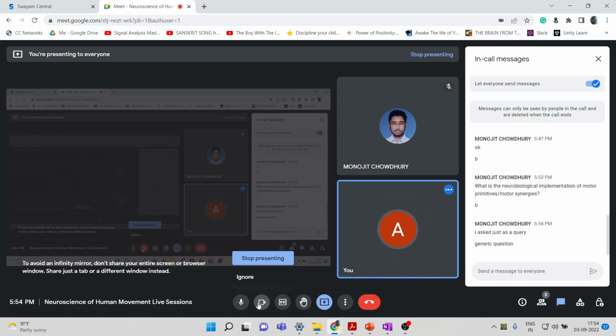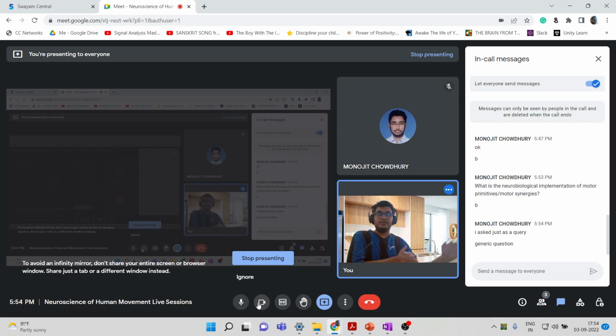Let me just open the camera. So these are my biceps. When the biceps contract, the contraction causes flexion, right? We know that the biceps is involved in flexion, and the triceps, which is here, is involved in extension.